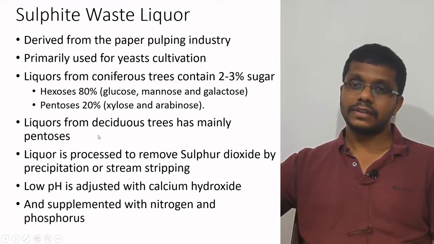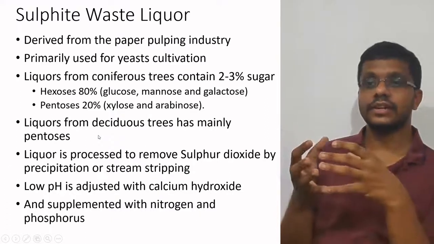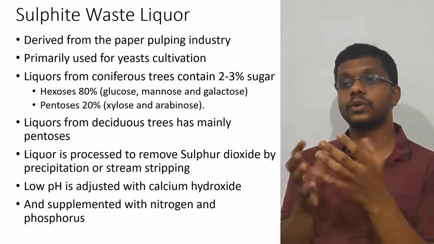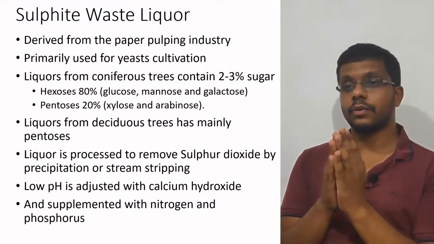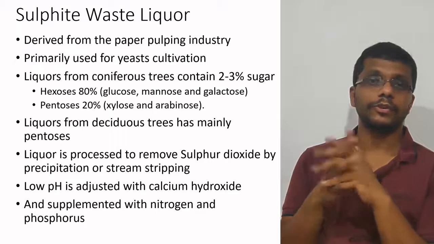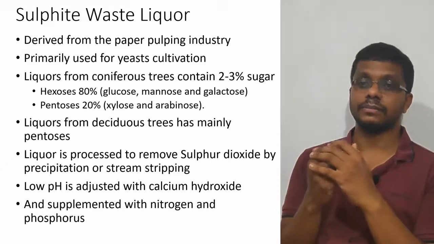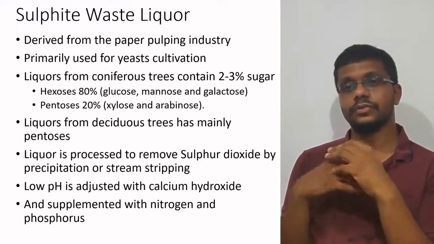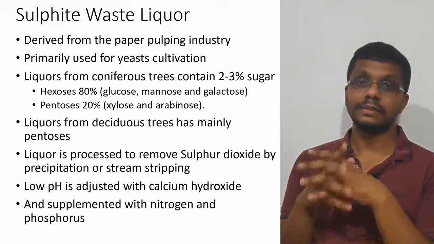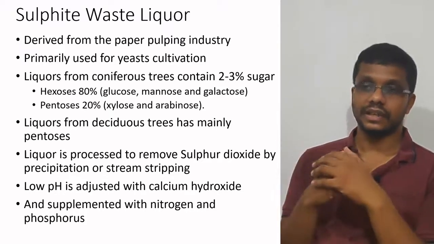One thing is that this sulfate waste liquor contains a high amount of sulfite in the form of sulfur dioxide. So before using it as a carbon source, this sulfur dioxide must be removed. We can either go for precipitation or steam stripping to remove the sulfur dioxide.